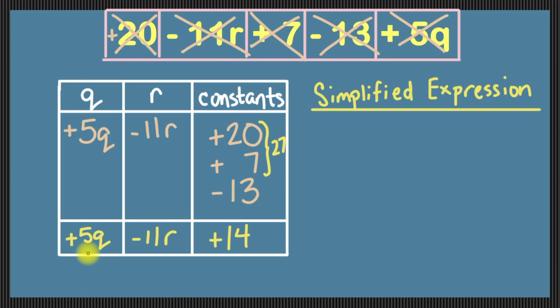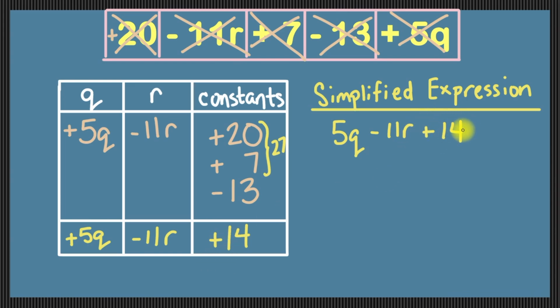One way to write our simplified expression is exactly the way it shows here. We could have positive 5q, negative 11r, and positive 14.